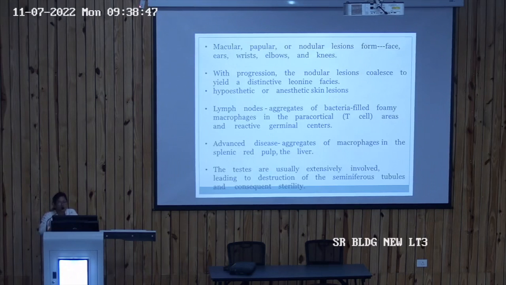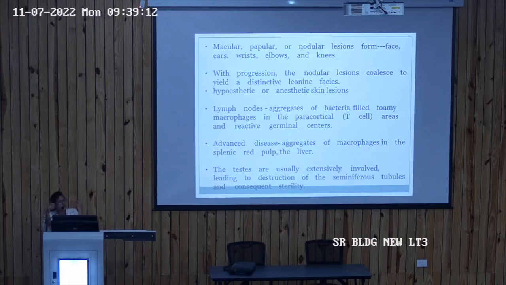So in lepromatous leprosy, macular, papular or nodular lesions of any kind can be seen on the face, ears, wrist, elbows and knees. And with progression, the nodular lesions will coalesce. Suppose on the face, the nodular lesions will coalesce and yield leonine facies. Okay, they are anesthetic and hypoesthetic skin lesions.